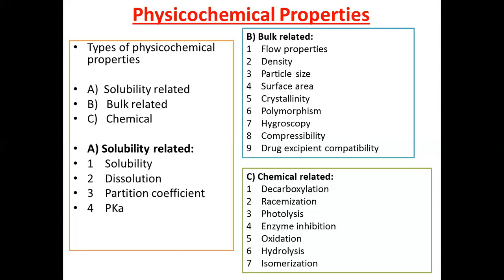The chemical-related processes that may occur are decarboxylation, racemization, photolysis, breakdown in the presence of light, enzyme inhibition, like when these are investigated in in vivo studies, oxidation, hydrolysis of certain bonds, and isomerization.